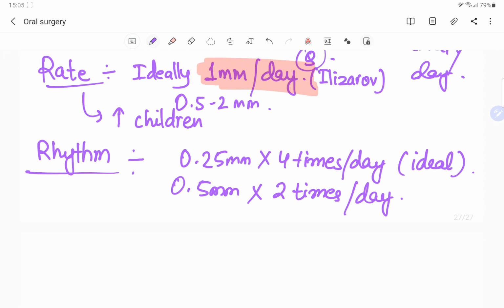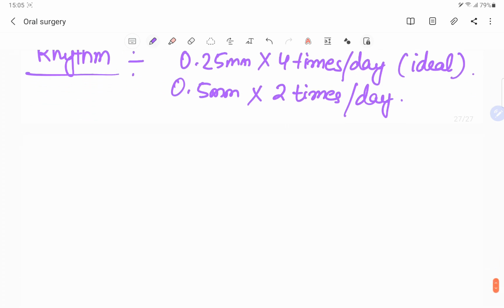So we use a slow continuous force, which is the best force, which works on the tension-stress principle, the Ilizarov principles, for a successful distraction osteogenesis. What if we make this rate fast? Then there can be chances of the inferior alveolar nerve damage.